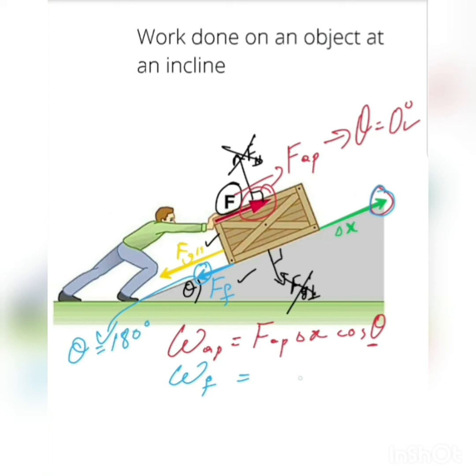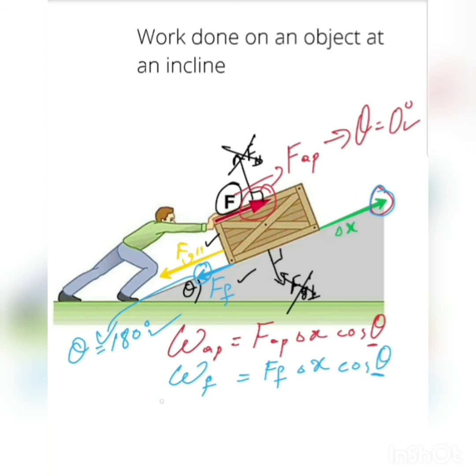Then we are going to write the work done by the frictional force equals the frictional force multiplied by delta x cos theta, and our theta in this case is going to be that 180 degrees.